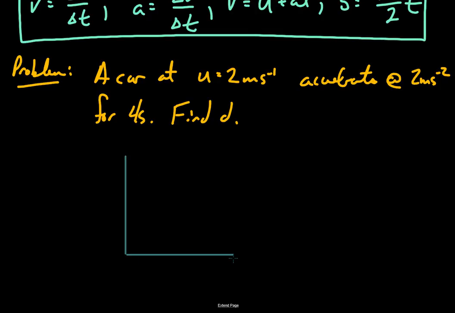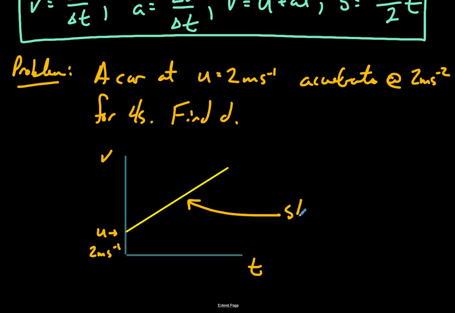So let's see what's happening here. If this is the velocity time graph of this motion, there's U, 2 meters per second. You know the slope of this is 2 meters per second squared.